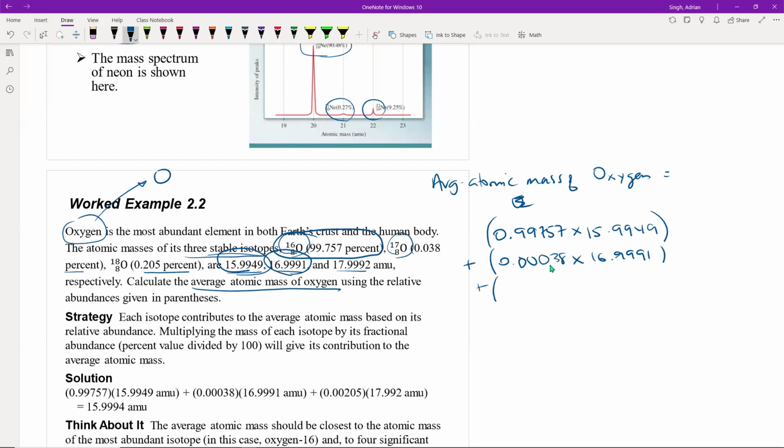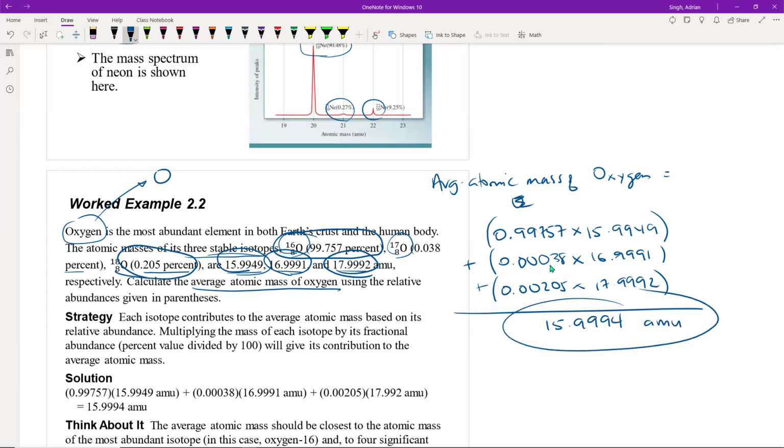So we have percent abundance for oxygen 18, 0.205%, expressed as a decimal will be 0.00205, times its mass, which is 17.9992. And then we just evaluate this. So we multiply out, and then we add, and we end up with 15.9994 atomic mass units as your average atomic mass.